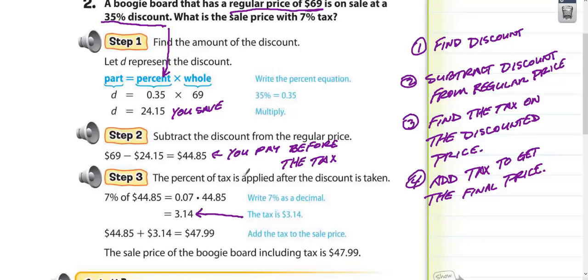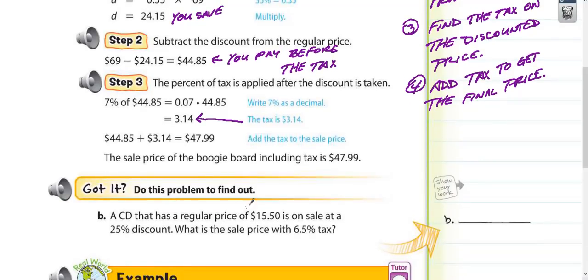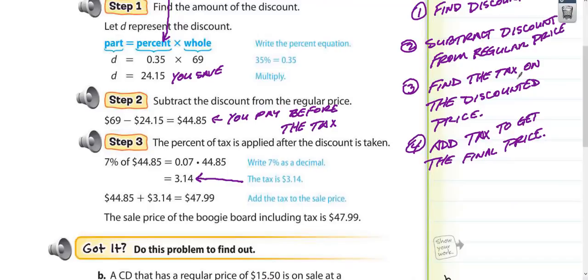Okay. All right. So here's another one for you to try. You have a CD that regularly sells for $15.50. It is on sale at a 25% discount. What's the sale price with the tax? So go ahead. I'm going to actually get rid of all this stuff I just wrote.